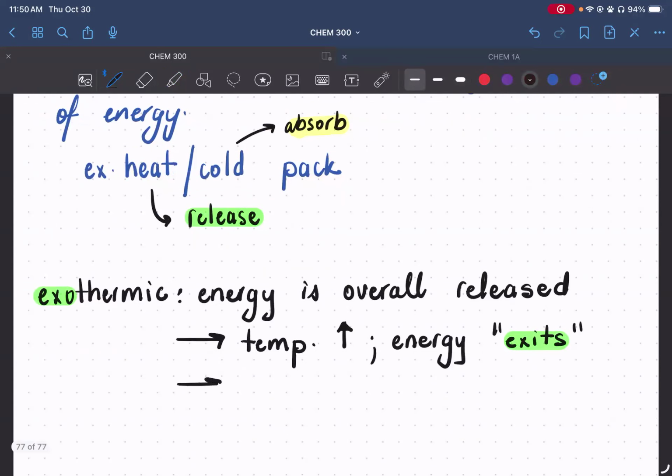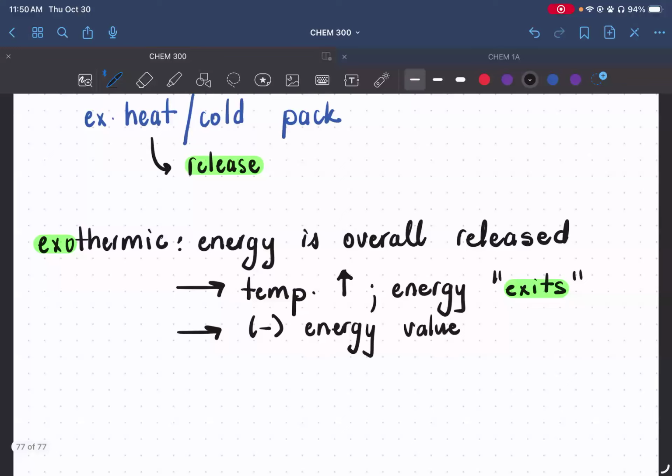This is most notably seen or confirmed with that of a negative energy value. In this case, although the negative is, of course, a mathematical calculation here, the negative refers to the direction of energy, that it's overall exiting.